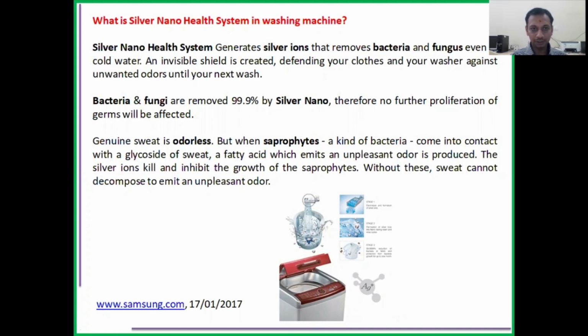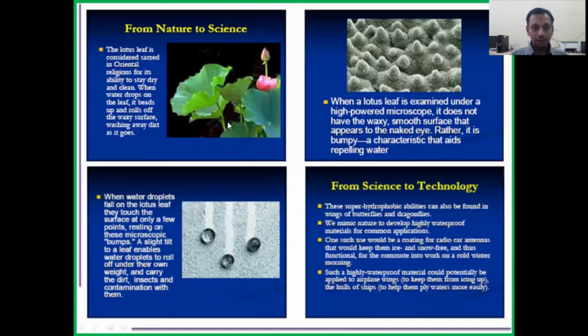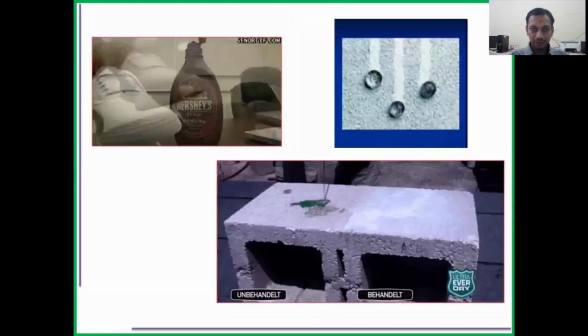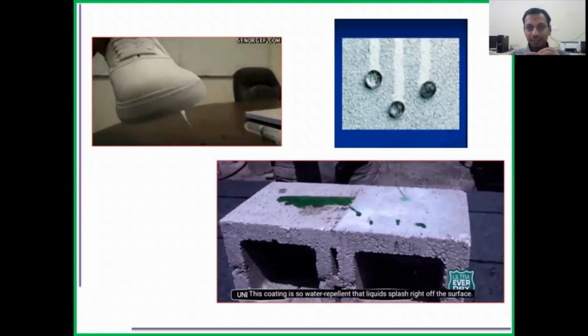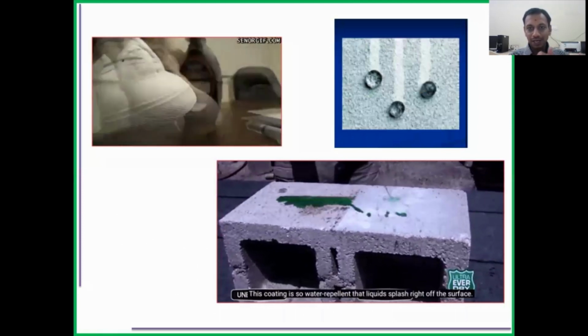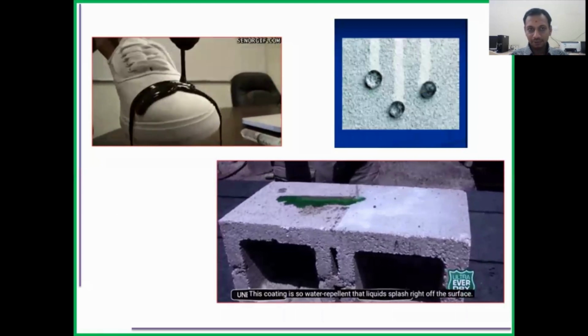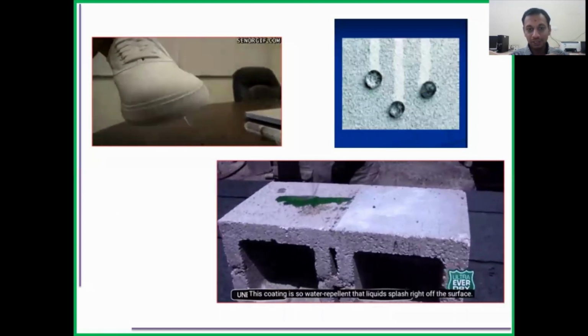Now you can see the washing machine here. And now you can see the lotus petals or leaves: dirt cannot stick on the surface of a lotus leaf. Using this same concept, scientists and researchers thought that without any adhesion or stickiness, you can get a free-flowing surface like a lotus, because dirt cannot stick.